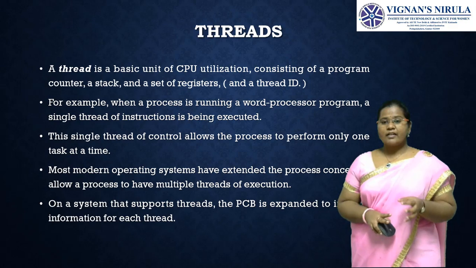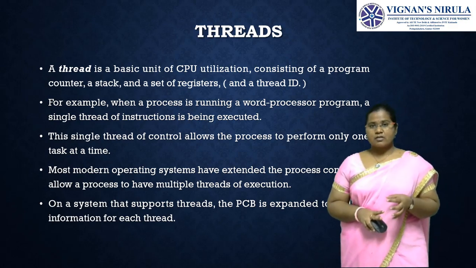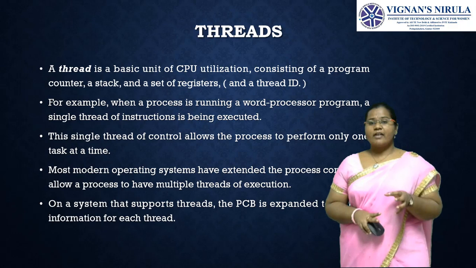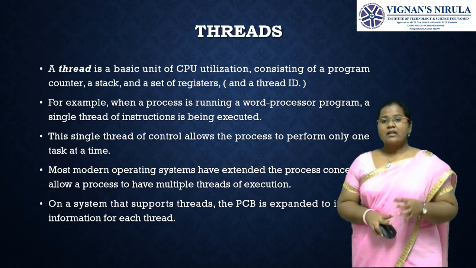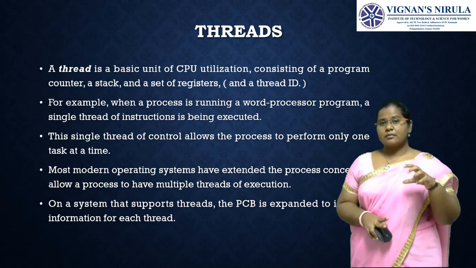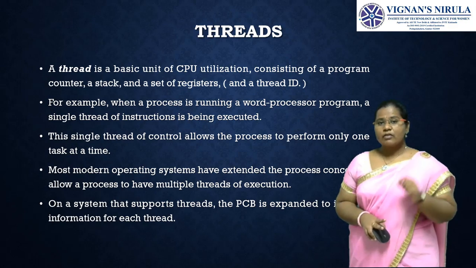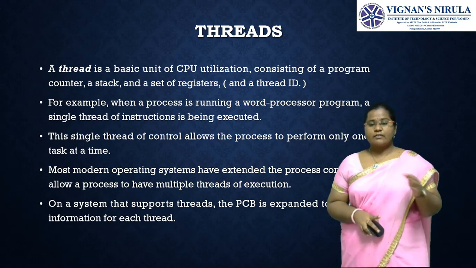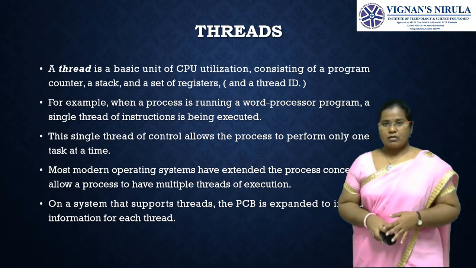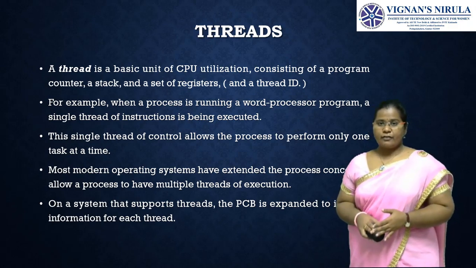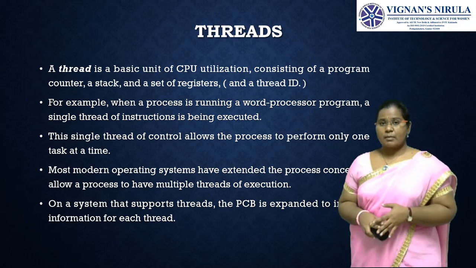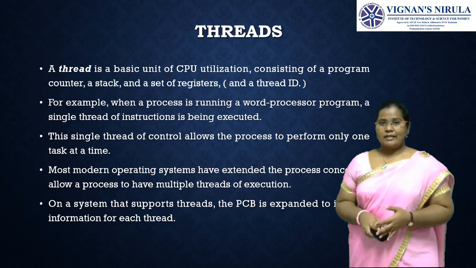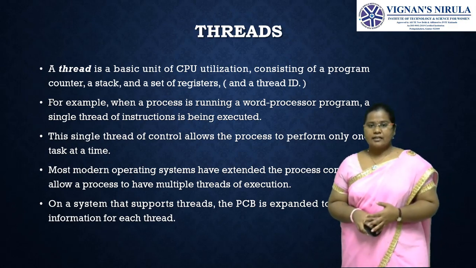Why do we need to divide a process into threads? Because in a multi-programming or multi-processing system, a single process can be completed within a short time using the threads concept. A number of threads can be created for a single process, and all these threads can be executed simultaneously using the multi-threading concept, which you will see in later topics.